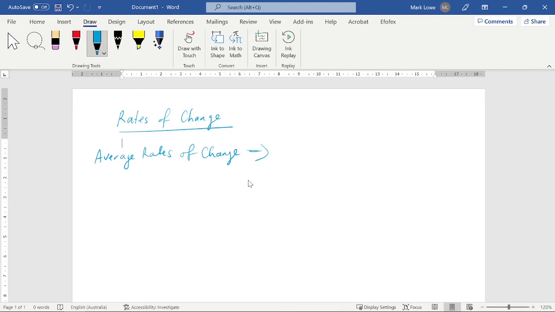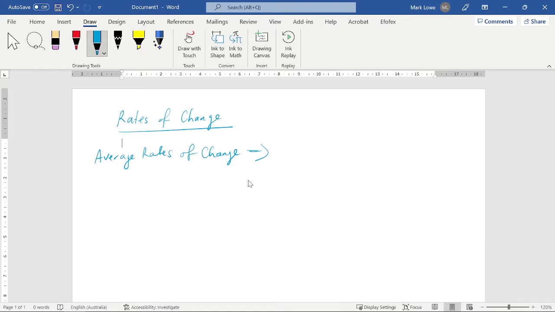If we're talking about a graph, the average rate of change between 2 points would be the gradient of the line joining those 2 points. So if you're asked to find the average rate of change in a particular situation, you just need to imagine you are drawing a straight line.